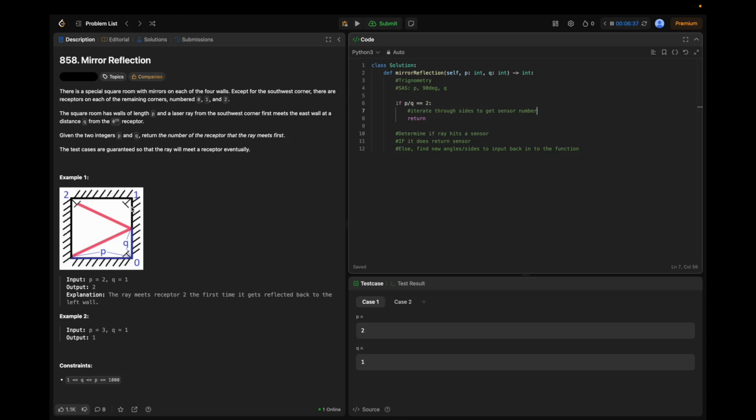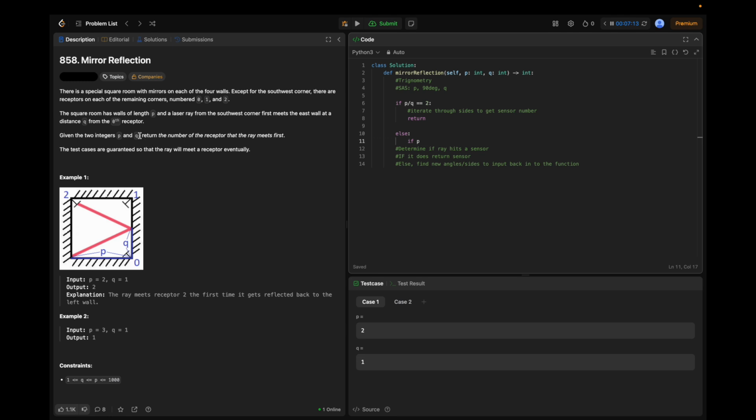This is confusing. But anyway, I think based off the P and Q values you can determine which sensor, but it's kind of tough. Okay, well, anyway, otherwise, else. Are they integers?